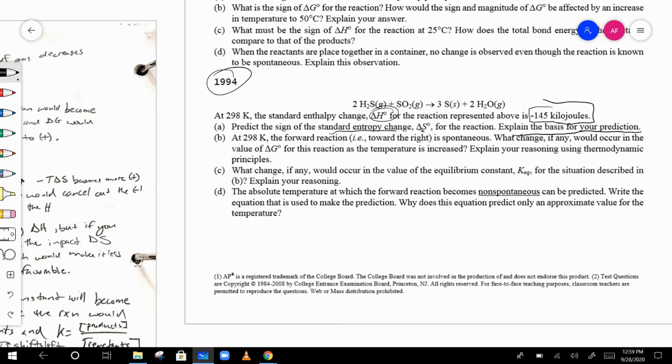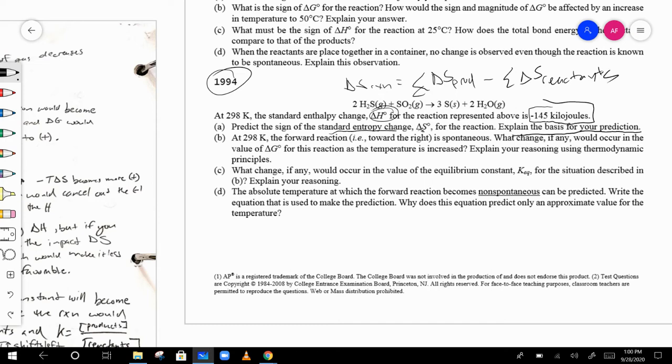Whatever side has the most moles of gas will have the greater entropy. And you know that the overall entropy of the reaction is equal to the sum of the entropy of the products minus the sum of the entropy of the reactants. Products minus reactants.